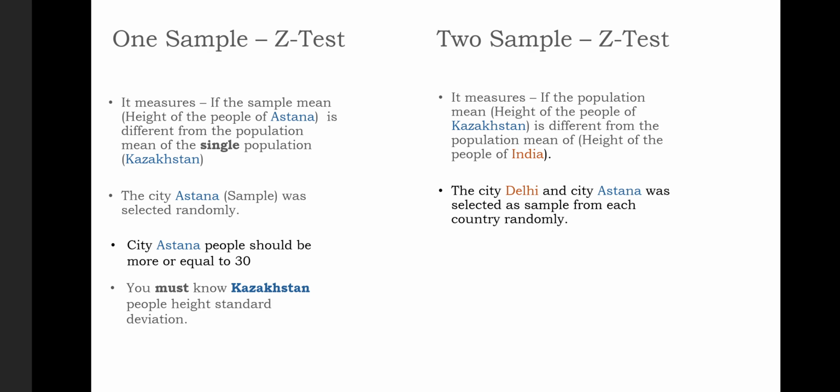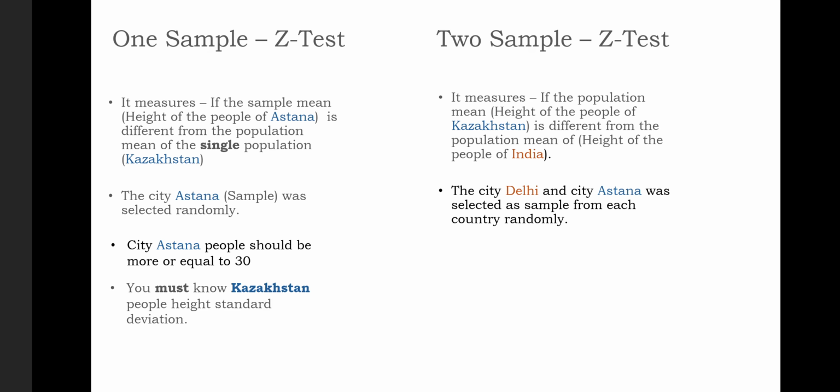So if the population mean height of people of Kazakhstan is different or not from the mean height of the population of India, that is our question. So we make two statements. One in which I believe that height is not the same, and one in which I believe that height is the same. Height is the same is the null hypothesis and height is not the same is the alternative hypothesis.